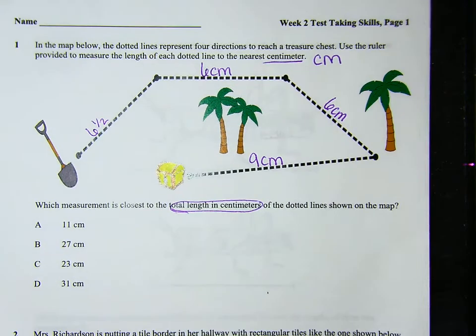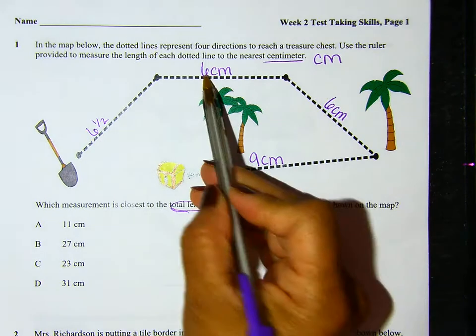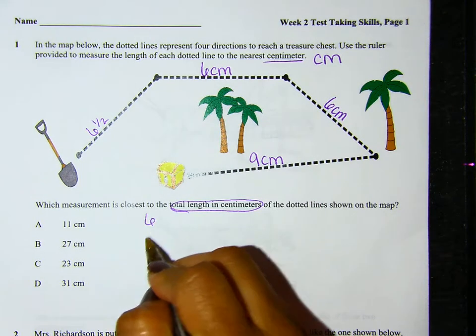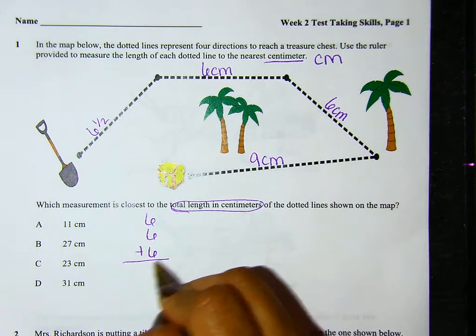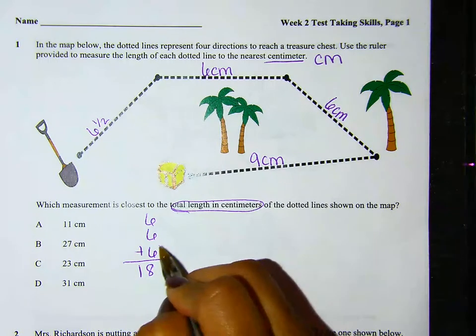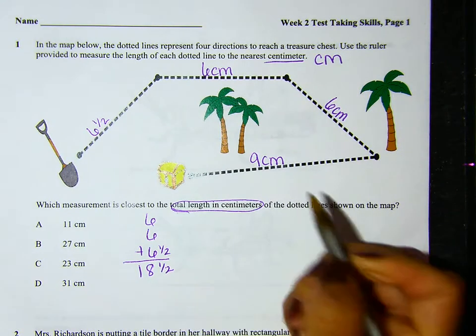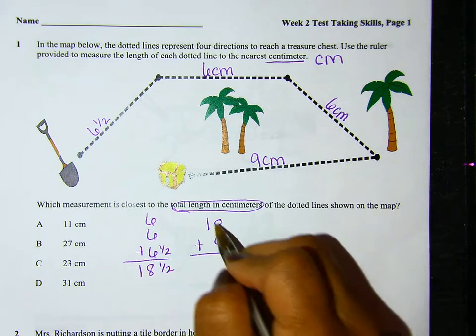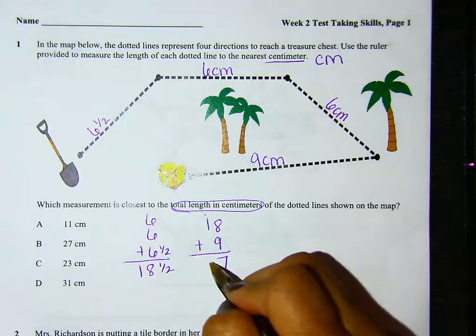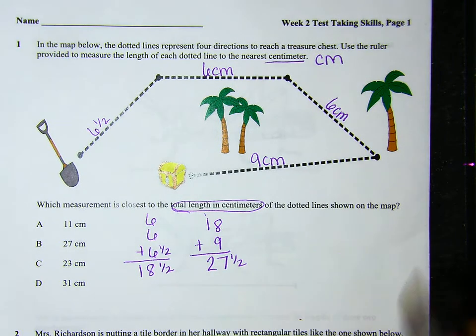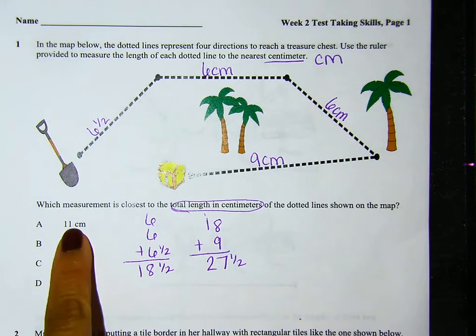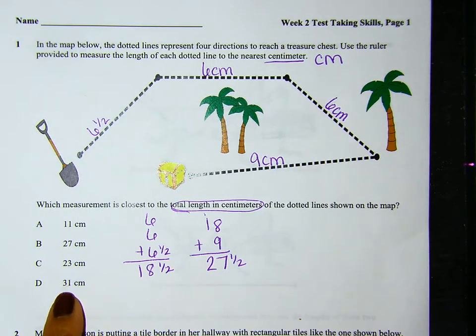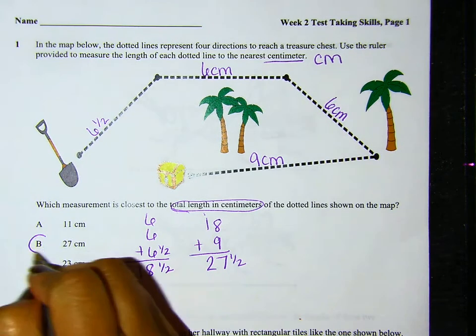Let's go ahead and add our 6's. 6, 12, 18. 6 plus 6 plus 6 is 18. We have a half there, so we'll just do like 18.5, plus 9, so 18 plus 9 is 27.5. So our closest measurement is 27, which is B.